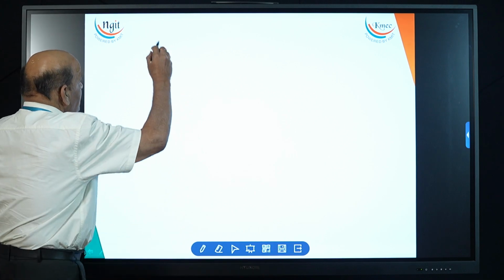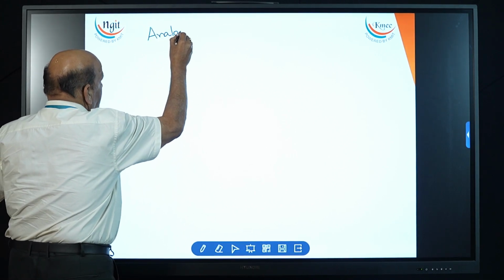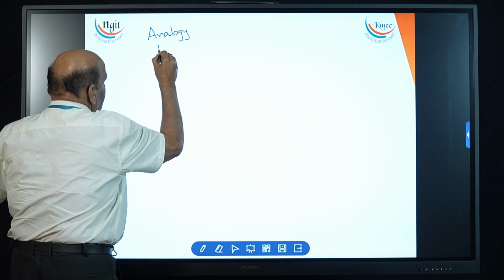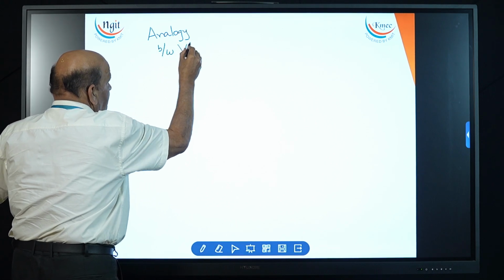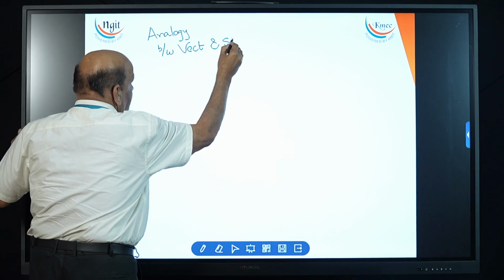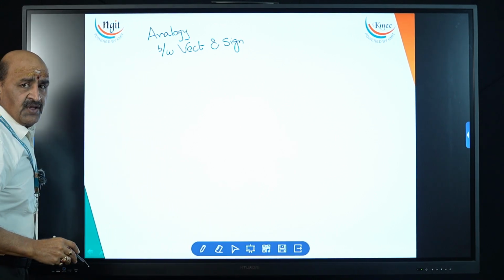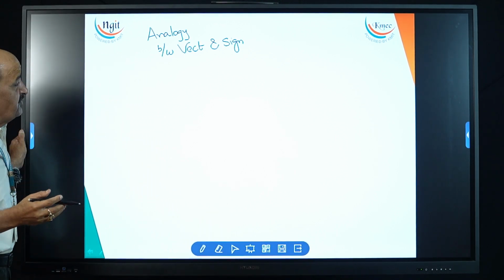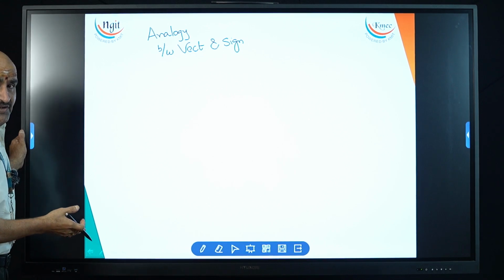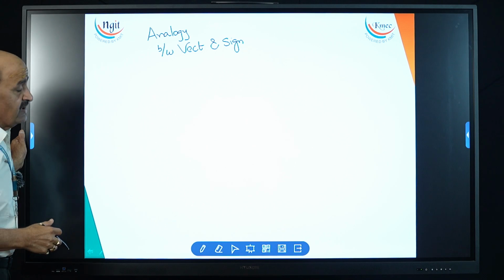So now the first concept is analogy, the similarity between vectors and signals. Now just come back. We already studied the vectors concept in all previous semesters, and we began it in the second paper of your intermediate second year.